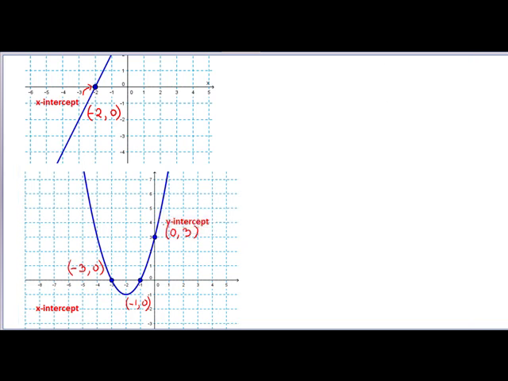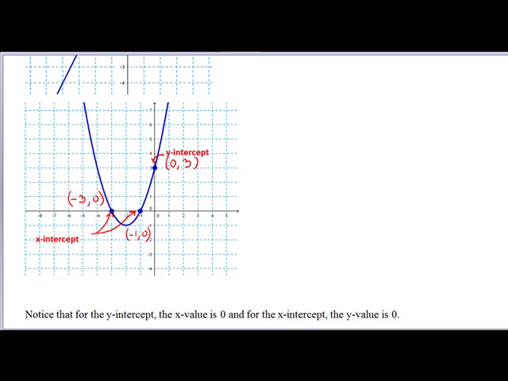Right here you have an x-intercept and an x-intercept. Now notice that every time we have a y-intercept, the x value is 0, and when we have an x-intercept, the y value is 0. So it's a good thing to remember that.